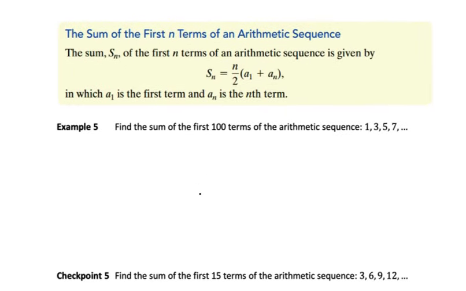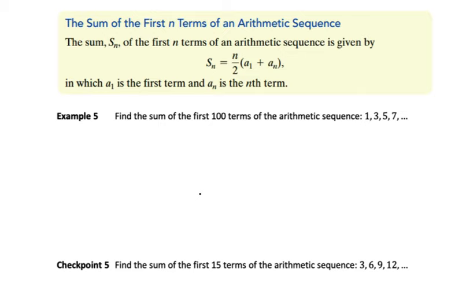Our last formula here is for the sum of the first n terms of an arithmetic sequence. So this formula has S sub n, which stands for sum, equals n divided by 2 times a1 plus a sub n.